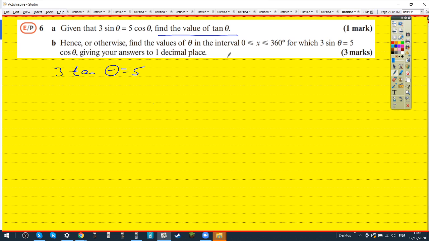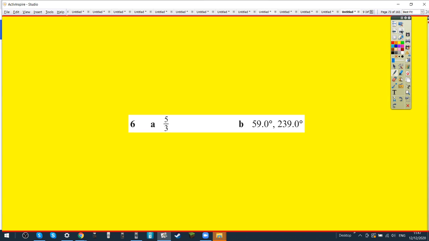They said find the value of not theta but tan theta. So you want to get rid of the 3. So divide by 3 on both sides. What do you get? You get 5 over 3, so tan theta equals 5 over 3. That's the answer for part A. And then part B, you'd solve not for tan theta, but for theta. So just watch out for that.